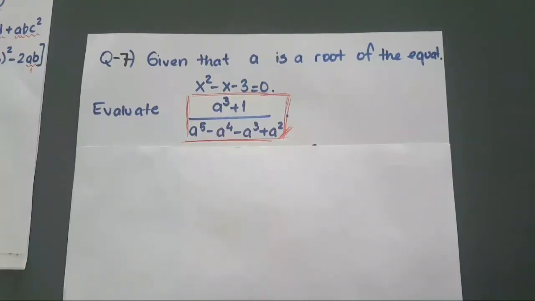It is similar to the problem with alpha and beta. Given that a is a root of the equation, which means that a has to satisfy the equation x squared minus x minus 3, I want you to simplify it.